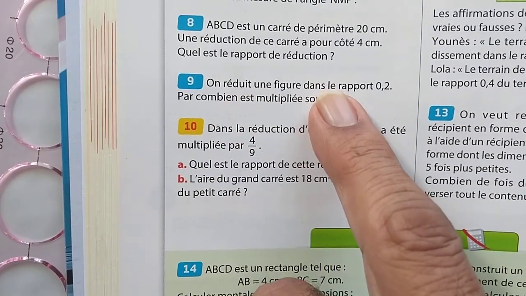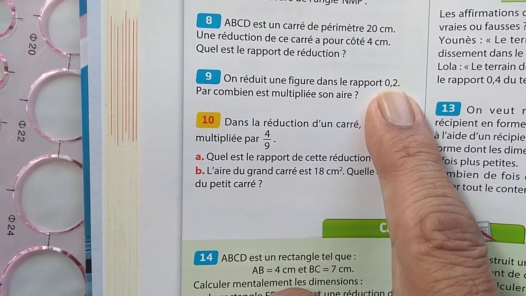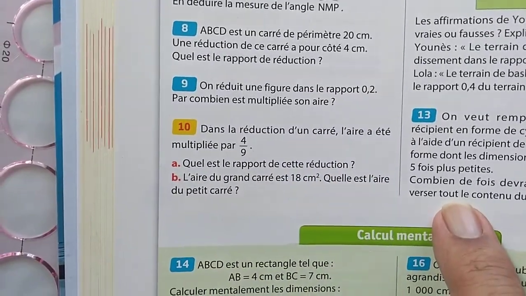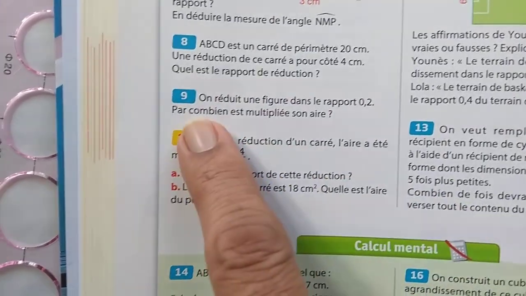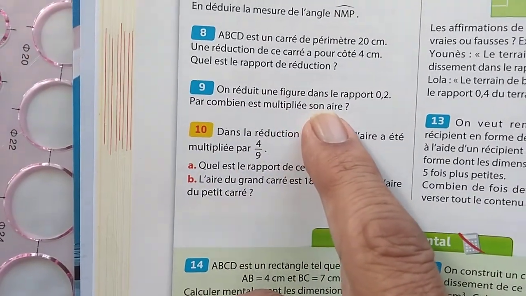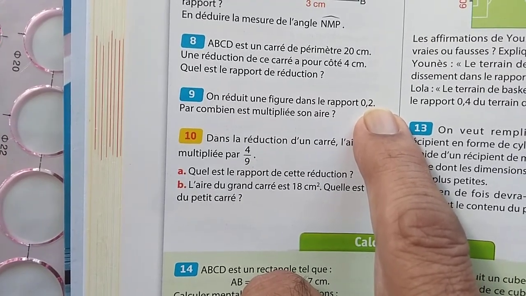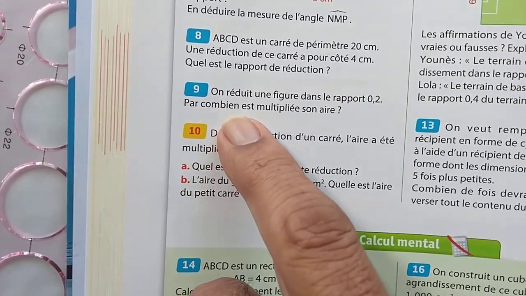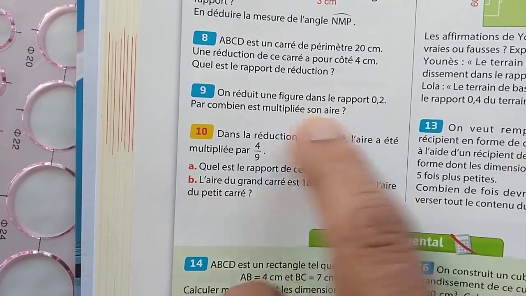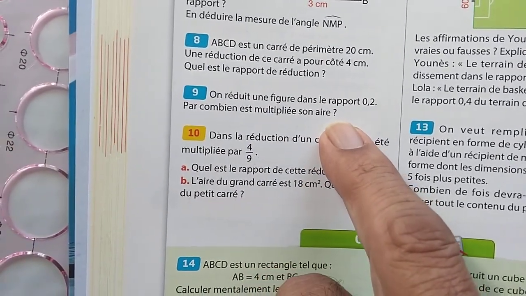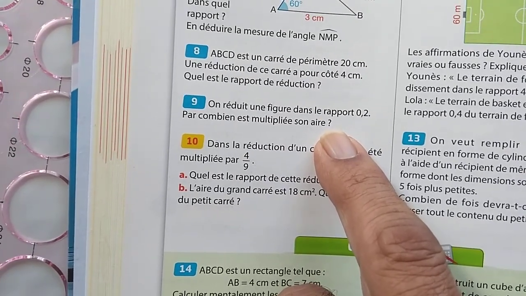On réduit une figure dans le rapport 0,2. That means we made it 0.2 times its original size. Par combien est multipliée son aire? So if k is equal to 0.2, the rapport of the area, k carré, will be 0.2 into 0.2, which will give 0.04.